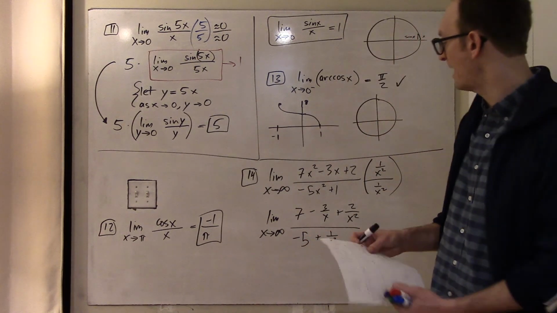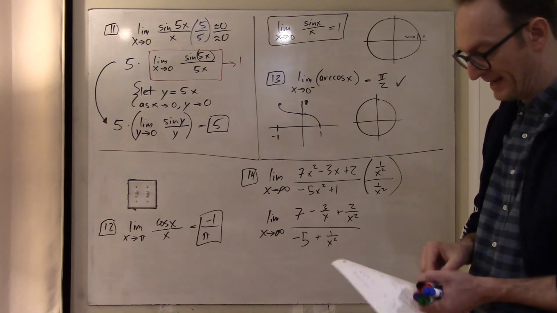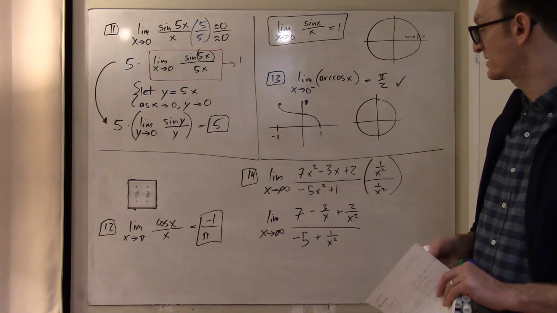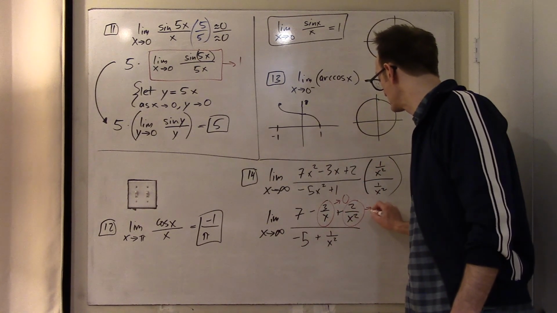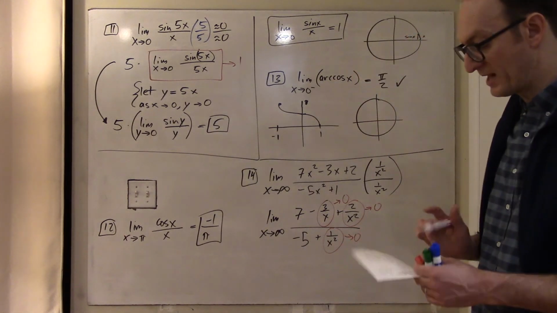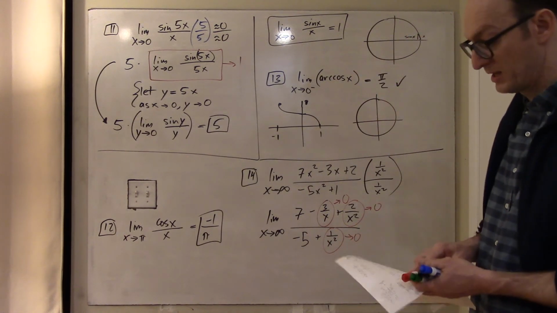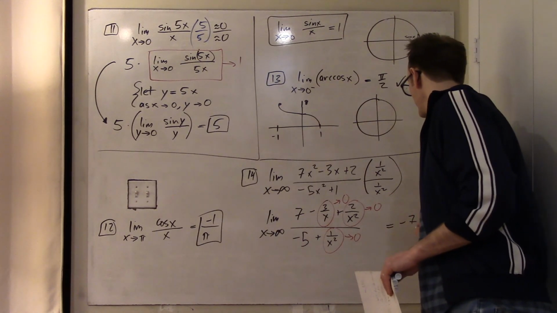I think it's really helpful to actually do this step because it shows very clearly that as x goes to infinity, this is going to 0, this is going to 0, this is going to 0 as well, and so this whole thing is just going to -7/5.